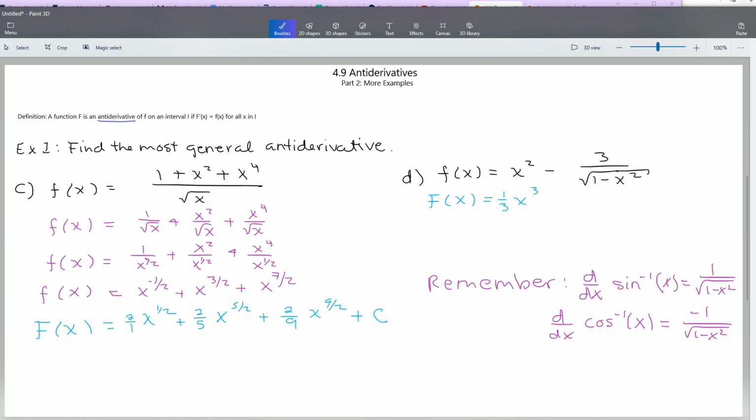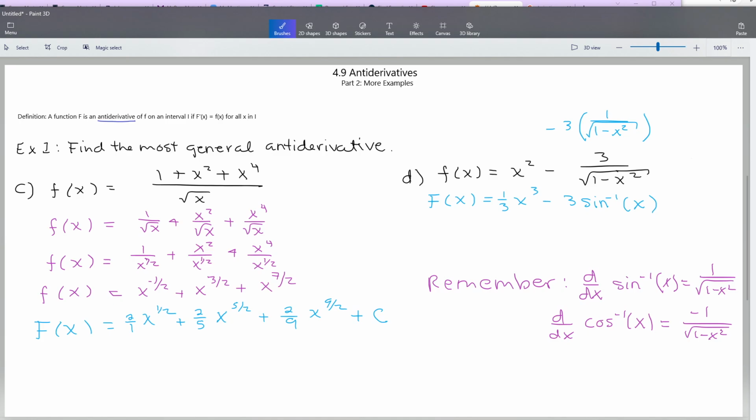One choice is to look at this as minus 3 times 1 over the square root of 1 minus x squared, and if we do that, this is going to be minus 3 sine inverse of x.